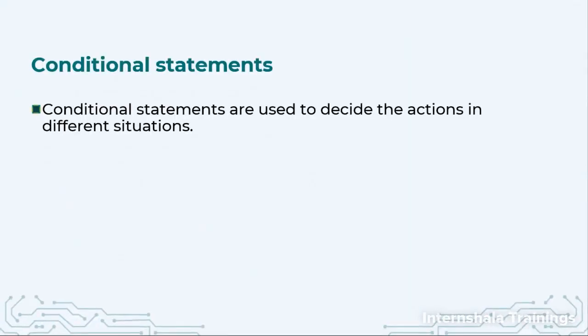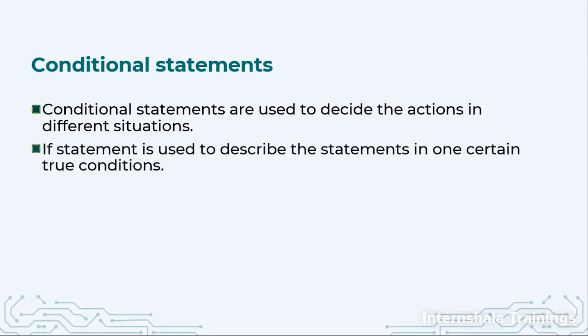Conditional statements are used to decide the action in different situations whenever they arise. So I have to make a decision: if the signal value is 1, what should I do? And if it is 0, then what should I do? The if statement is used to describe these statements.